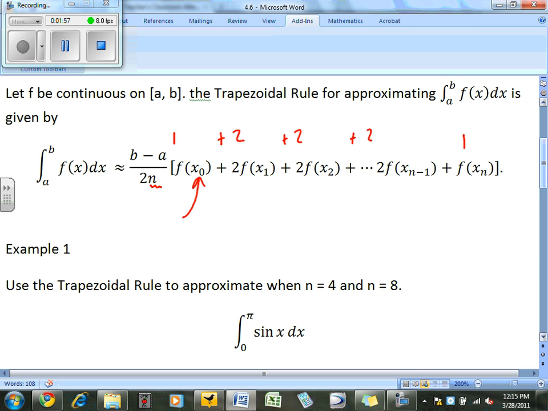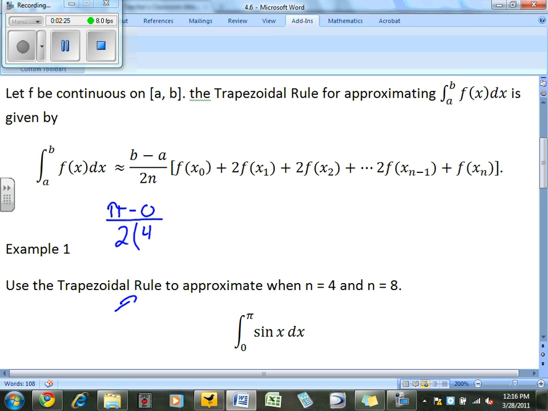So to illustrate that, I'll do one right here. They want us to use the trapezoidal rule to approximate, when n equals 4 and n equals 8, the integral of sine of x dx from 0 to pi. To start out the trapezoid rule, we take our upper limit minus our lower limit, so pi minus 0, all over 2 times n, where n equals 4.